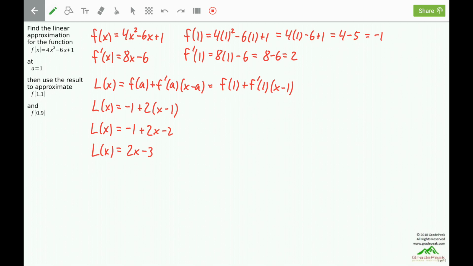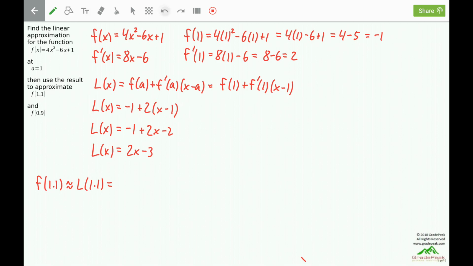There's the linear approximation. The next thing to do is use the result to approximate f of 1.1. f of 1.1 can be approximated using the linearization at 1.1. To evaluate the linearization, it's usually best to use the original version.